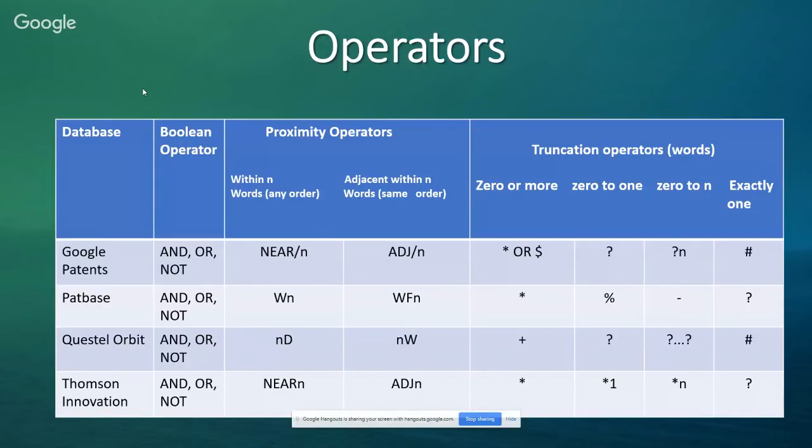So by carefully choosing the right operator, you can search the global patent database. And similarly, one can use 0 to N or exactly 1, for which you'll be using the hashtag symbol.